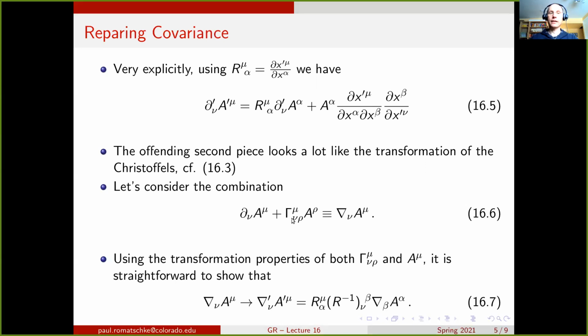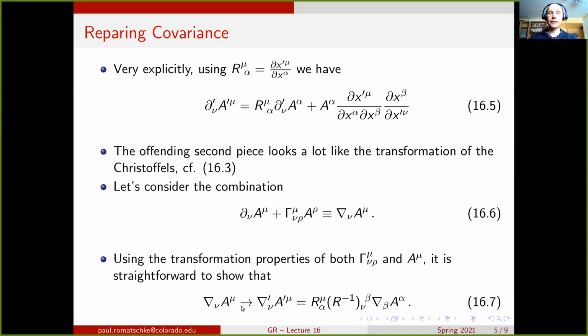So basically, the derivative contains one term that spoils general covariance. The transformation properties of the Christoffels also contain exactly one term that spoils general covariance. And if we look at this particular combination, these two terms cancel with respect to each other, and we only get terms that respect general covariance.